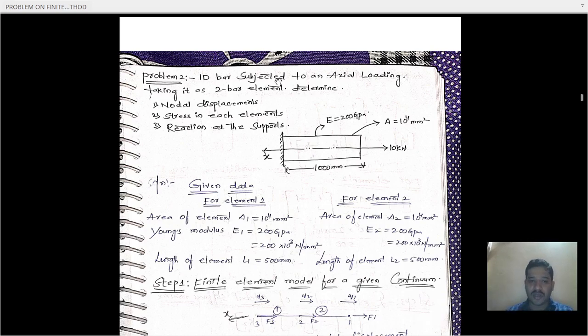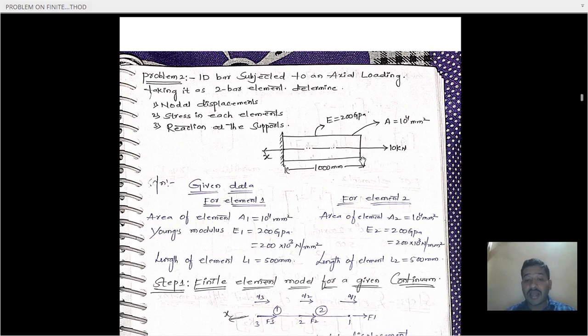Let us see this figure. This is the cantilever beam figure. The cantilever beam is nothing but a beam where one end is rigidly fixed and the other end is totally free into the atmosphere.